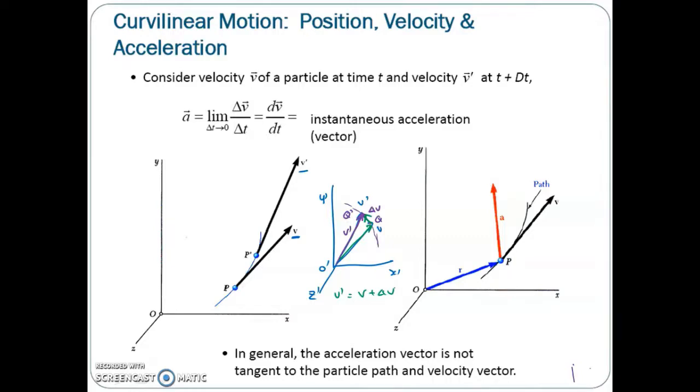To obtain the average acceleration of the particle over the time interval delta t, the average acceleration is defined as delta v over delta t.